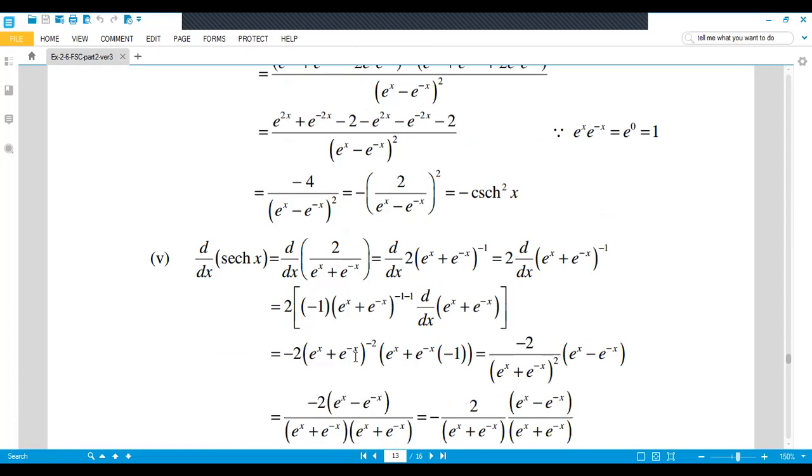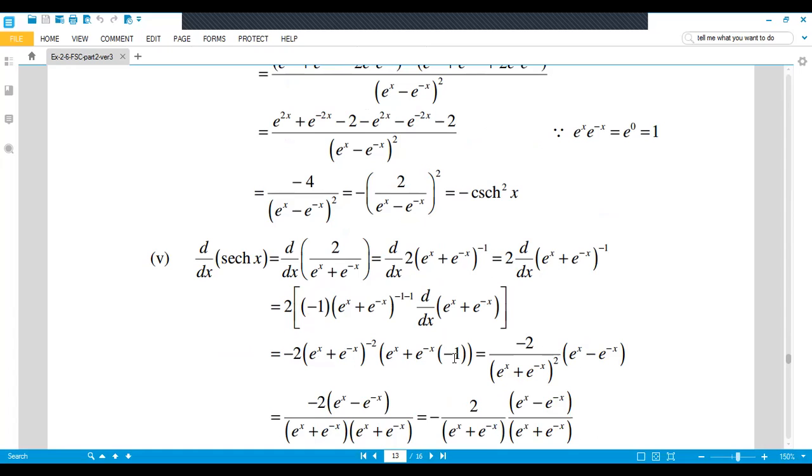This one you copy as it is, minus 1 multiply with minus 2, and derivative of e power x is e power x, derivative of e power minus x is e power minus x, and further derivative of the exponent minus x is minus 1.